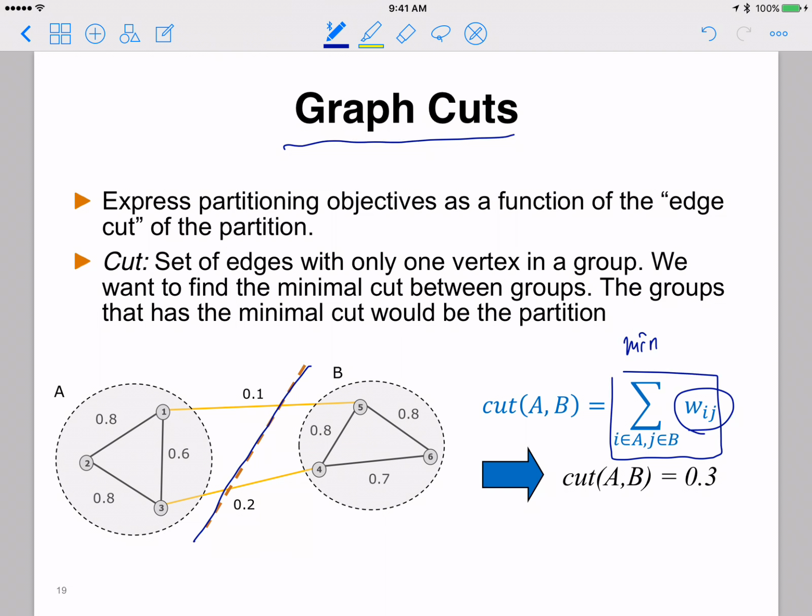But in this case of min-cut criteria, this is not a good algorithm in general, because it can produce some undesirable clustering results, so that one of these groups may have a really small number of data points, or a small number of nodes.